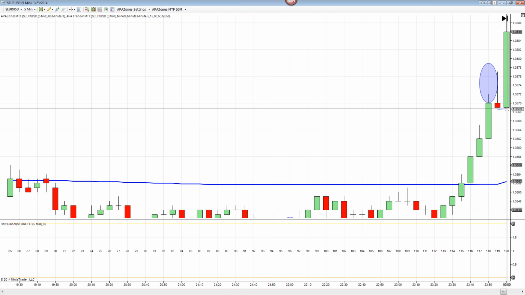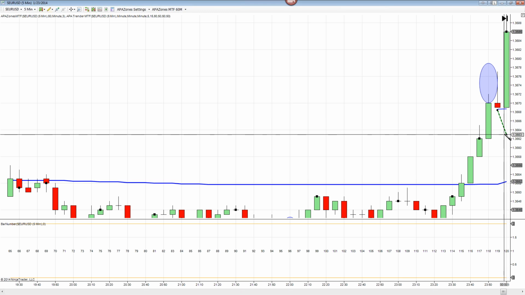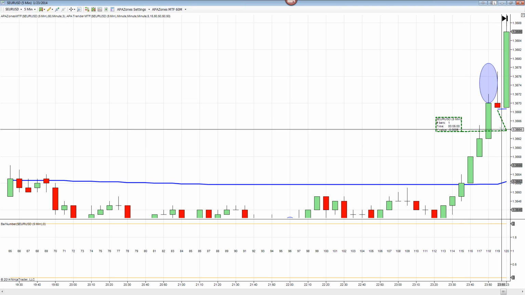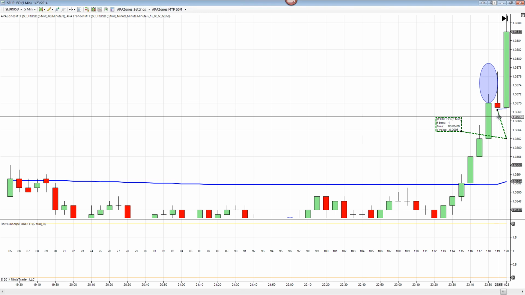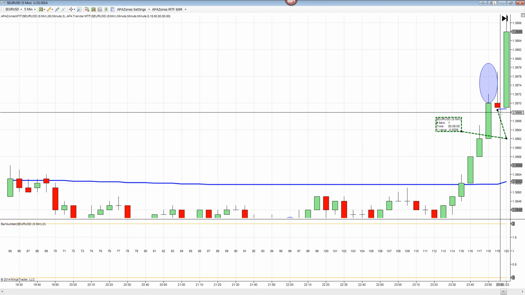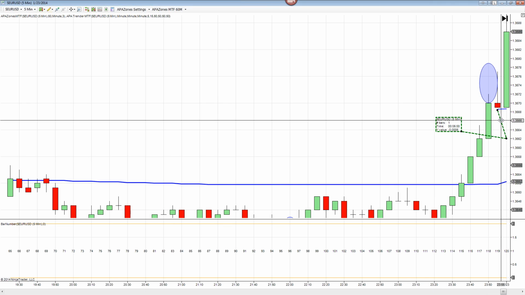Then you're looking for your first signs of support and resistance to the downside, because this could be a nice little reversal. It could also just be a little hiccup in the grand scheme of things, like what we see here.